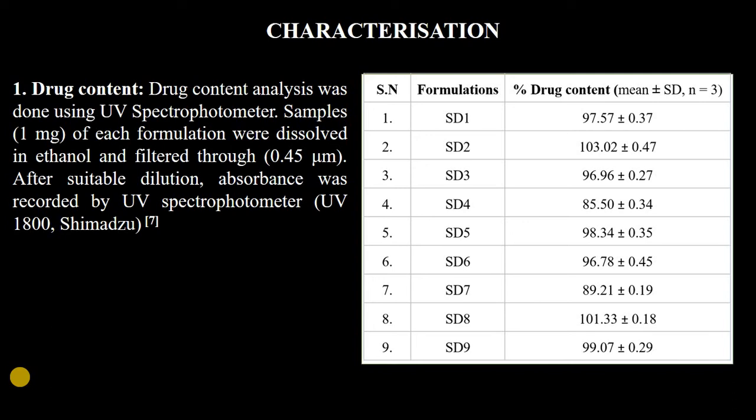As you can see in the table, SD4 formulation has the lowest drug content. That simply means this formulation requires only a little amount of active pharmaceutical ingredient to show its therapeutic effect, whereas SD2 formulation needs a higher amount of drug content to show its therapeutic effect.